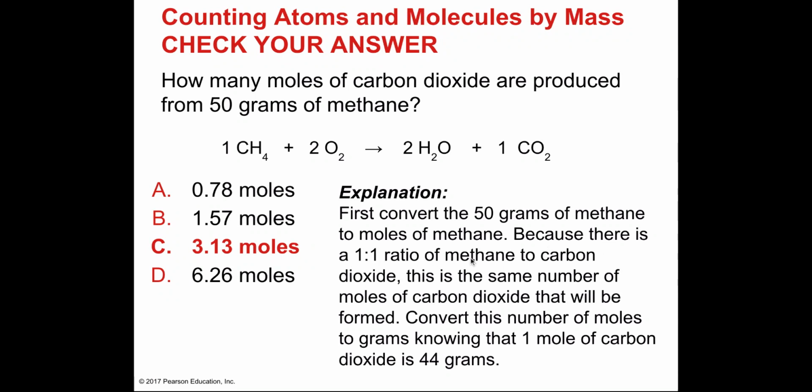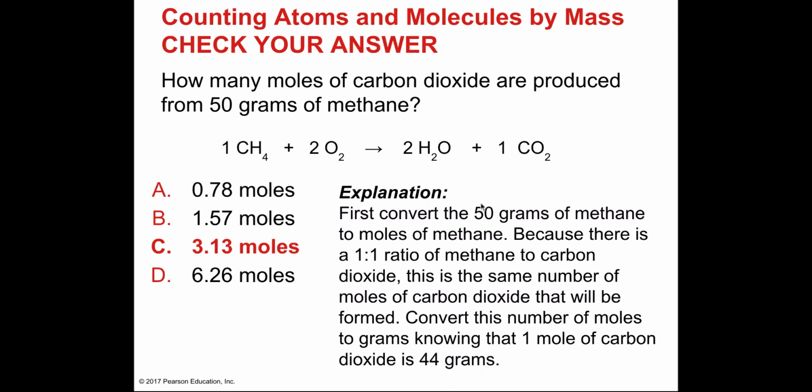Because there is a 1-to-1 ratio of methane to carbon dioxide, this is the same number of moles of carbon dioxide that will be formed. If you convert this number of moles to grams, knowing that 1 mole of carbon dioxide is 44 grams.